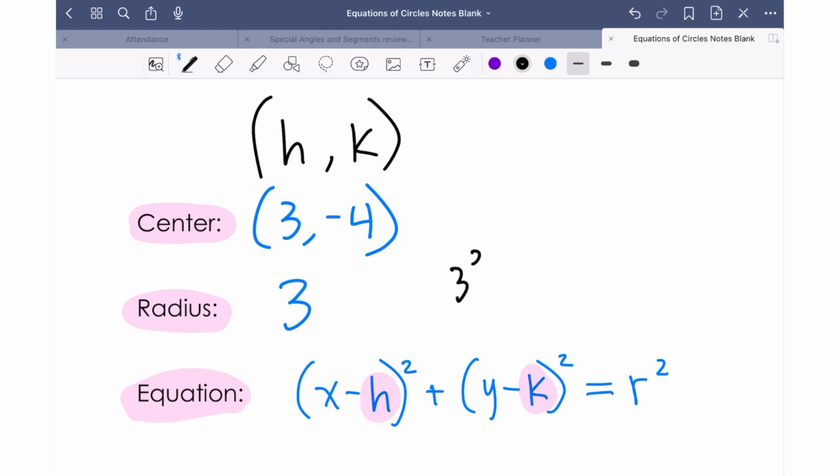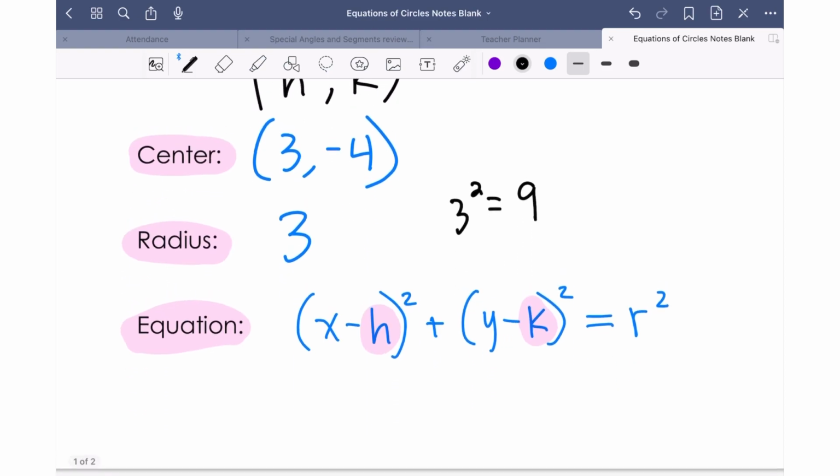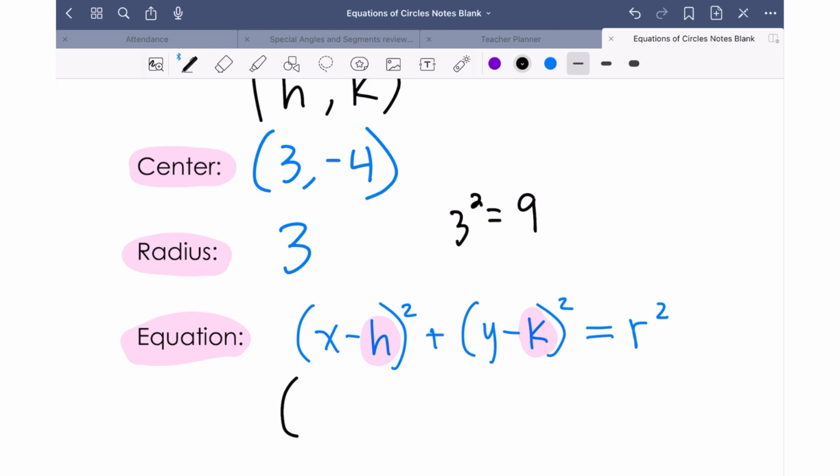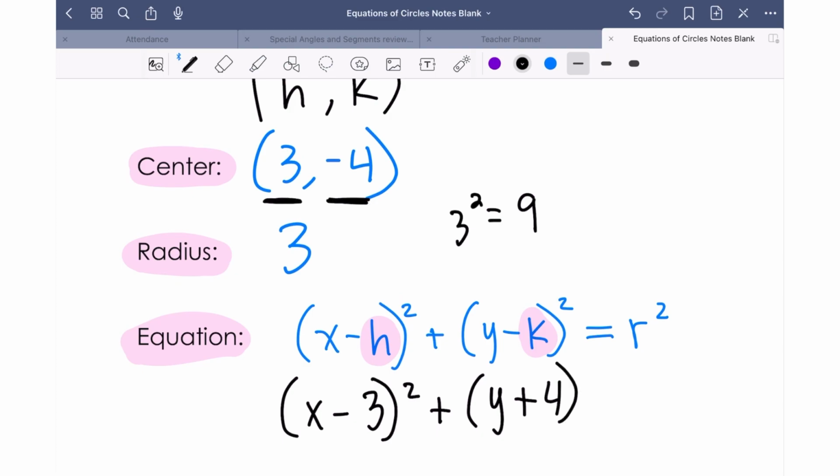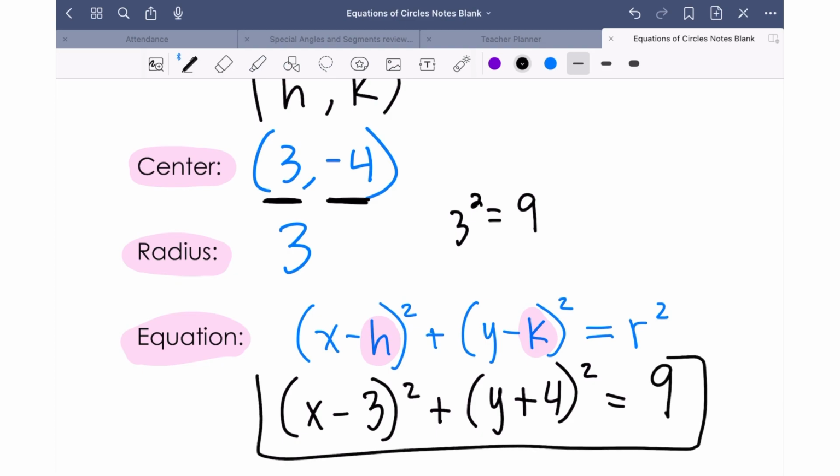Radius, 3 squared is 9. So x minus 3 squared plus y plus 4, as it's a negative, squared equals 9. And that is it.